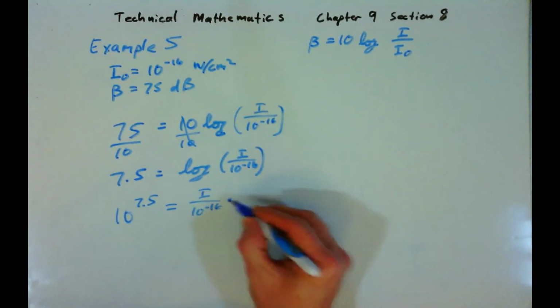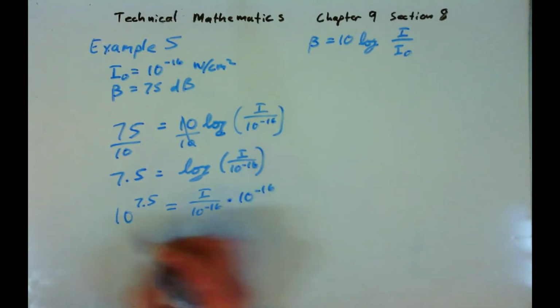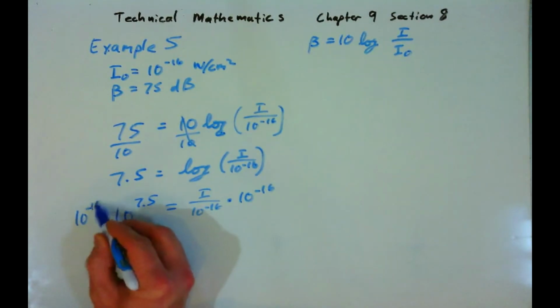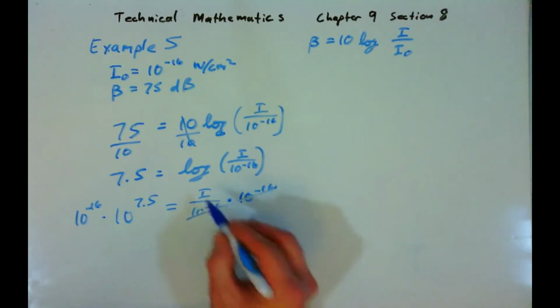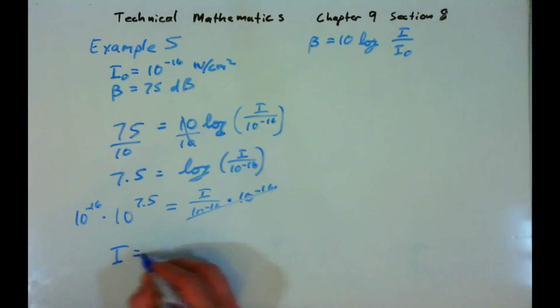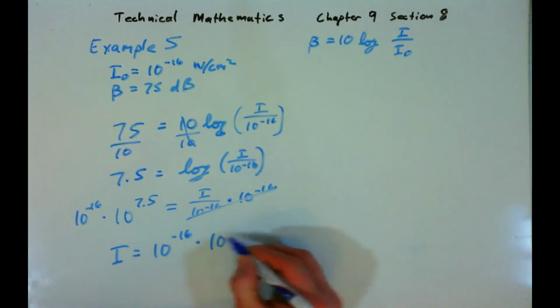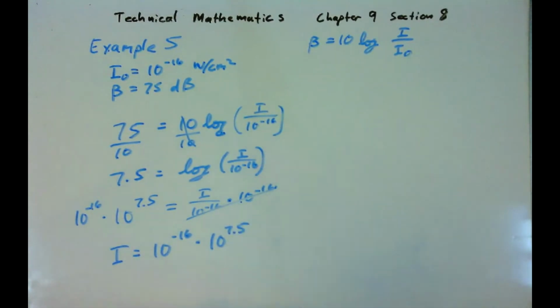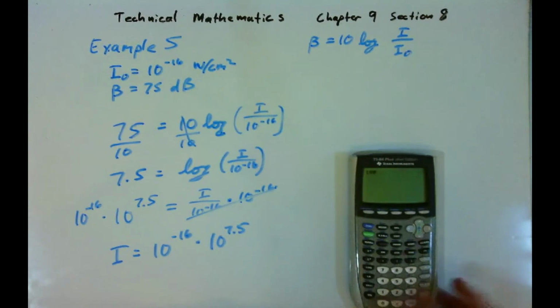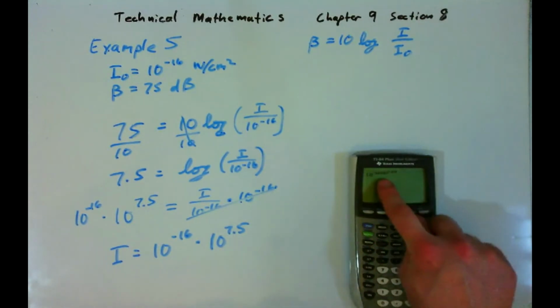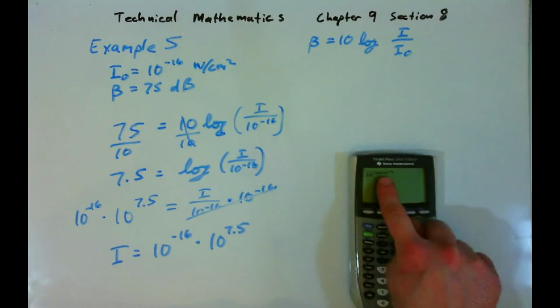Now we want to solve for I, so we'll multiply both sides by 10 to the negative 16th. These will cancel, and we'll get I equals 10 to the negative 16th times 10 to the 7.5 power. And so we can plug this into our calculator and solve. Oops. See, I typed it in wrong.